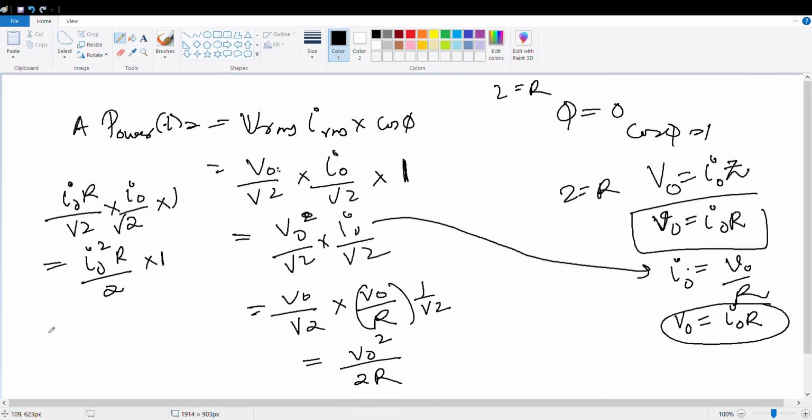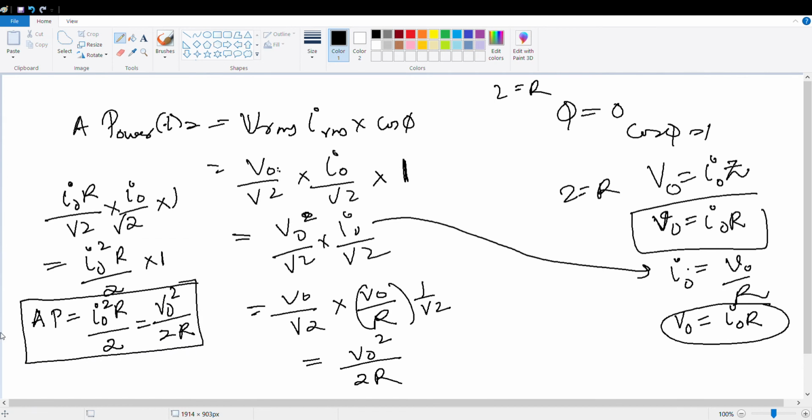So your average power is either I naught square R by 2 or V naught square by 2R. Is it clear? And this power is maximum. So at resonance, the power is maximum. Clear?